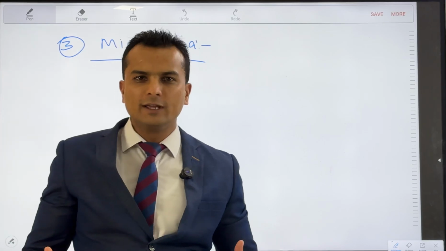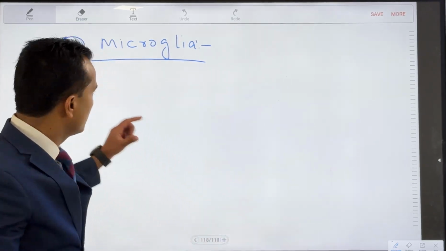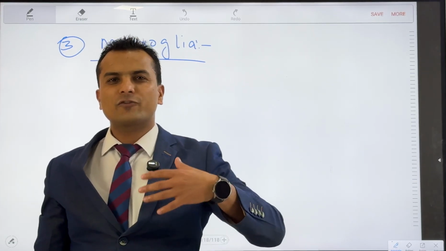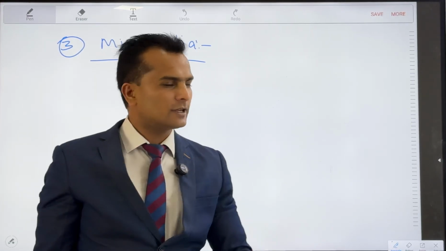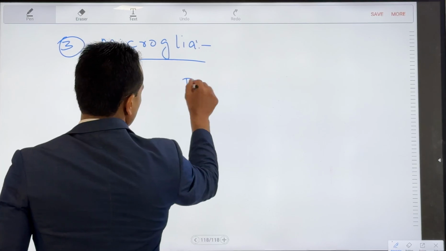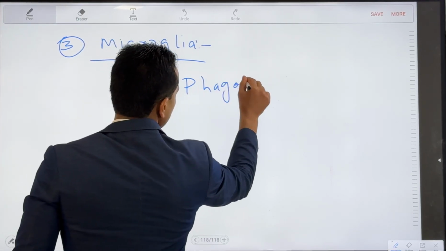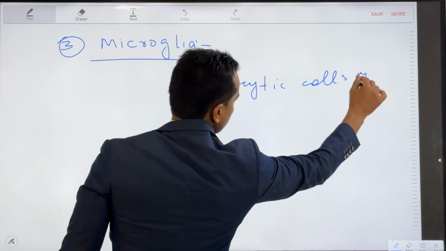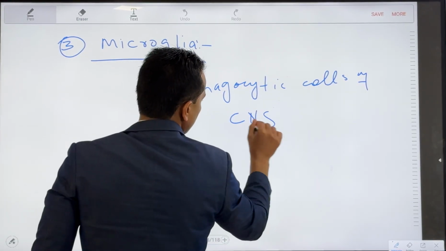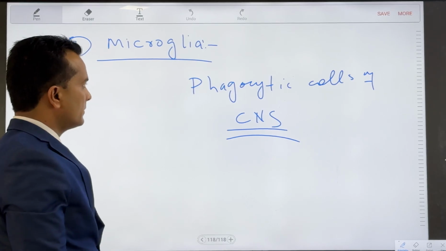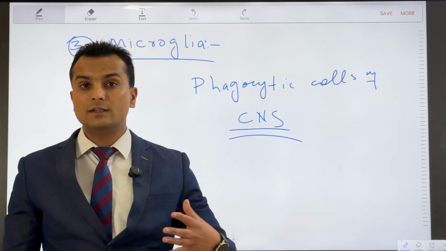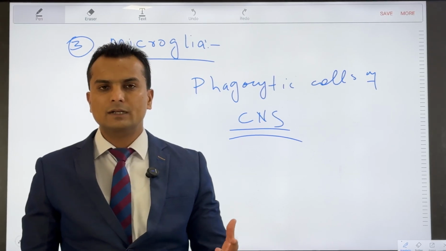What are microglia? As the name suggests, microglia are basically phagocytic cells of the central nervous system. They are the immune cells, the phagocytic cells, of the central nervous system.